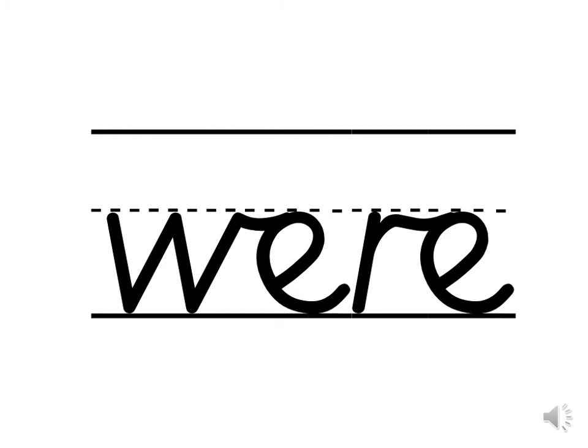The next word I would like you to write is the word there. Not their, as in this is their coat and their pen. That would be the possessive their. But there, as in a destination or a place. Over there, I can see a window. There. I'll give you a clue.